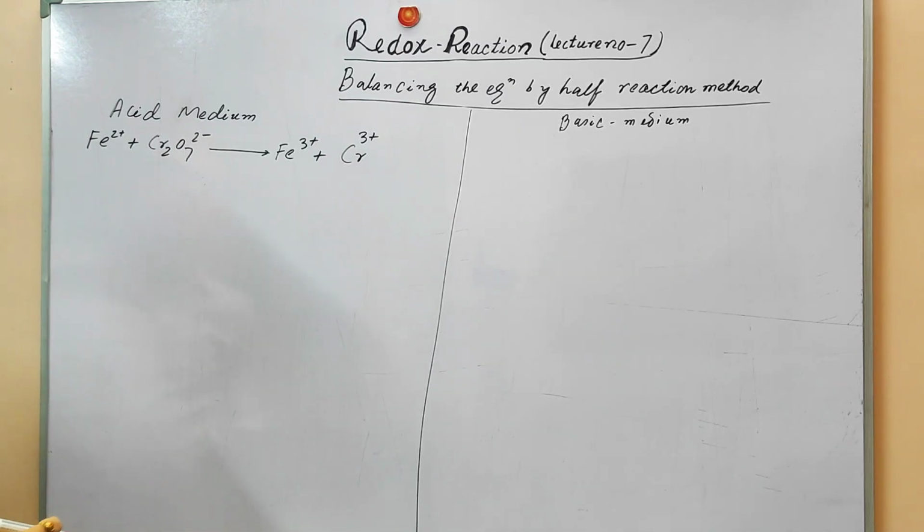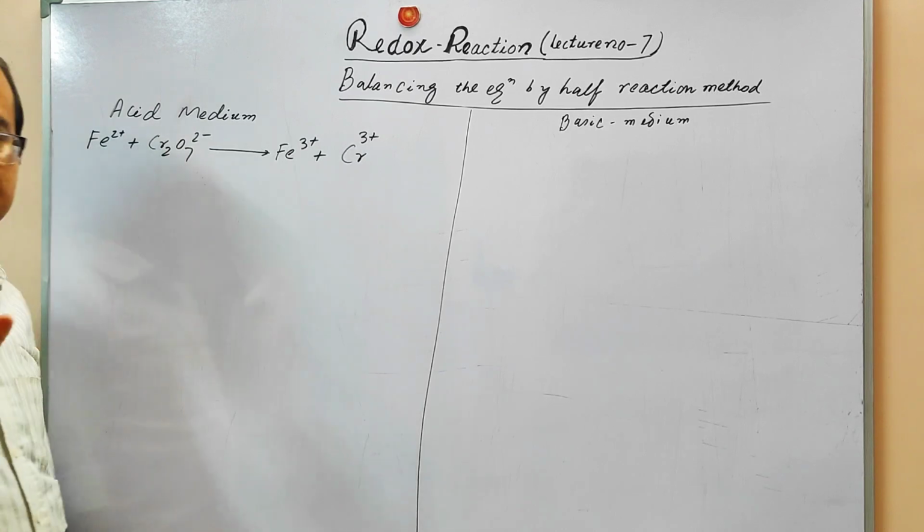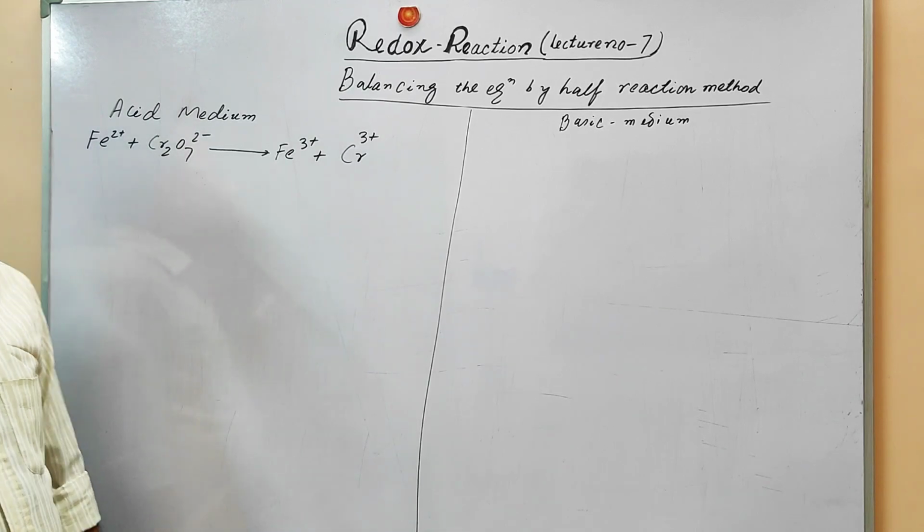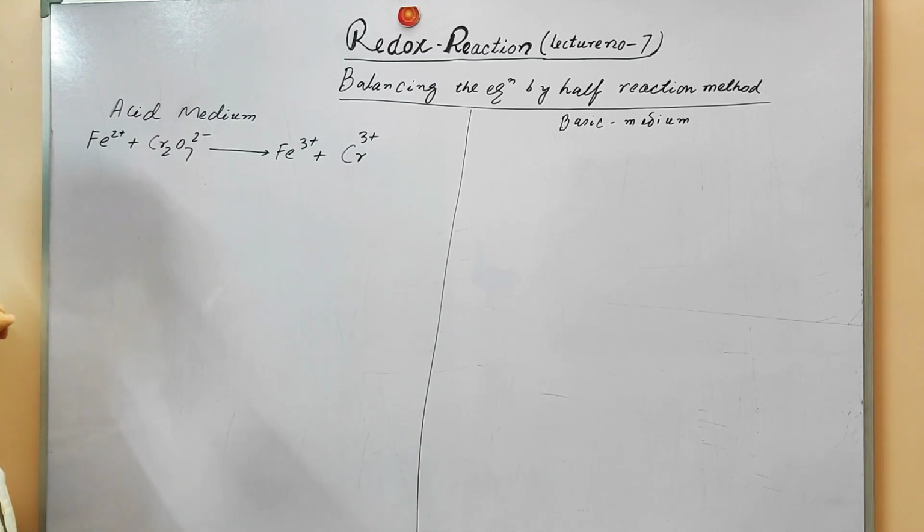This is the unbalanced reaction, and you have to balance it with the half reaction method.